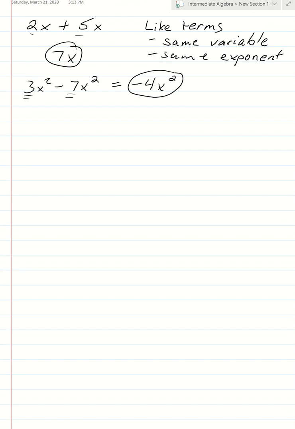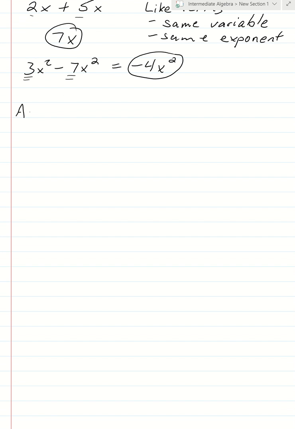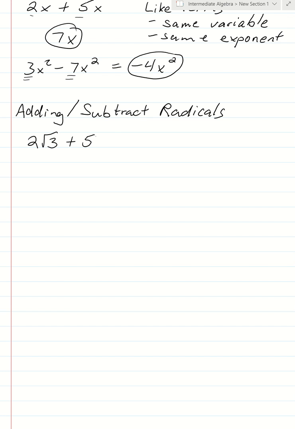Well, adding and subtracting radicals is very similar in that we're going to look for what we consider like radicals. For example, following the first example of 2x plus 5x, what if we had a 2 square root of 3 plus a 5 square root of 3?